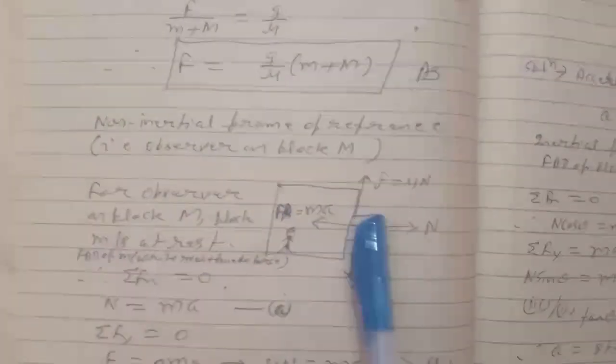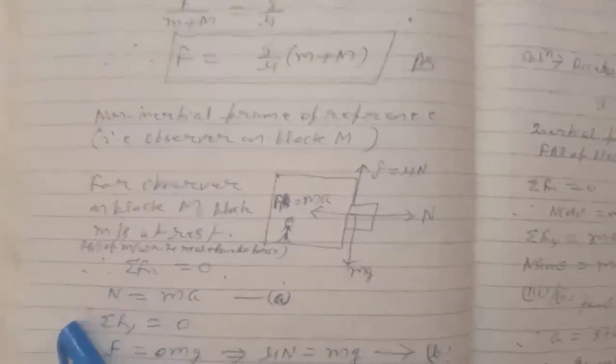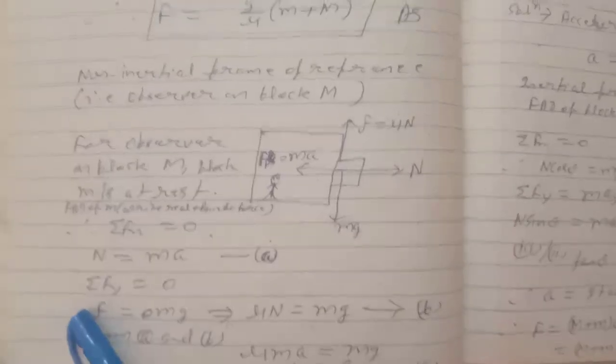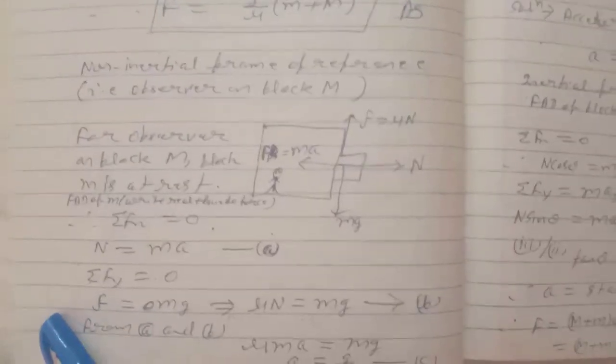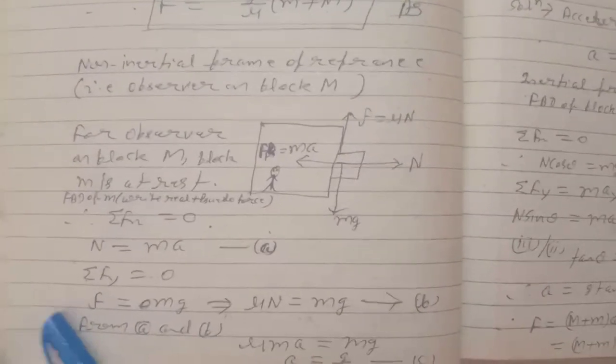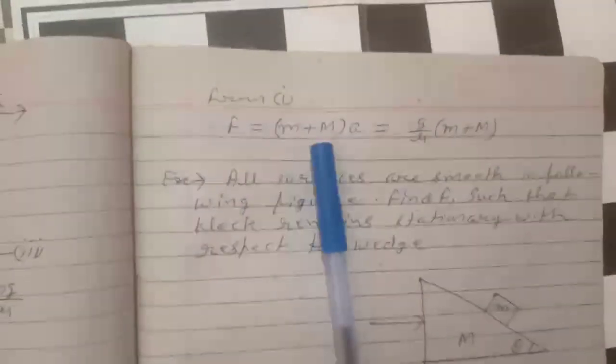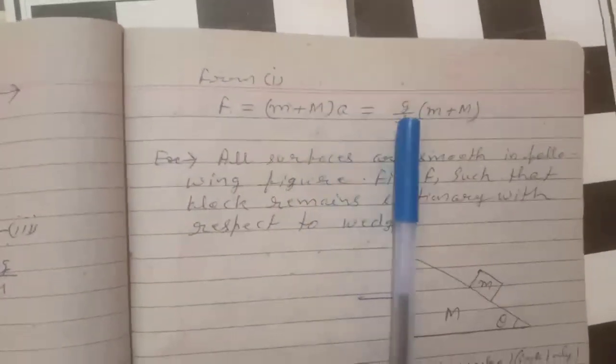Hence it is shown here. So sigma Fx equals 0 gives N equals ma, and sigma Fy equals 0 gives f equals mg, or mu N equals mg. From these, mu ma equals mg, so a equals g by mu. So from 1 we get F equals (M plus m) times a, equal to g by mu times (M plus m). Answer.